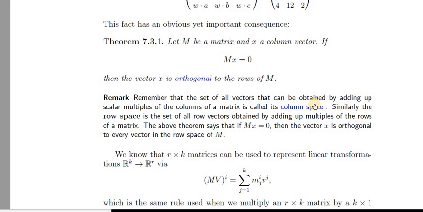We can also define the row space of a matrix, which is the span, or the set of all linear combinations of rows of the matrix. All right, in this case, if Mx equals 0, that means that X is orthogonal to every entry in the row space, so we could say X is actually orthogonal to the row space of M.